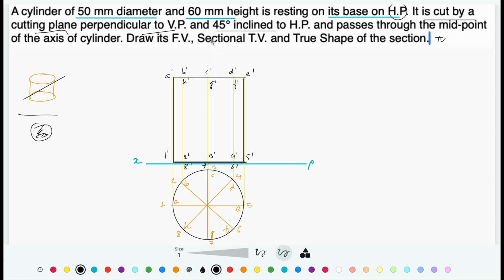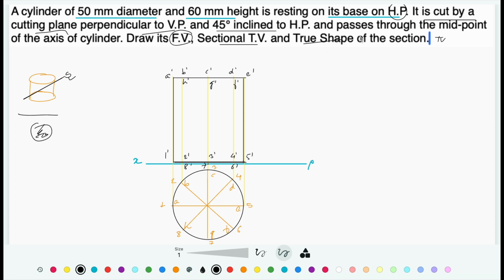You can get that from the question itself. In the end, if you go through the last statement, draw its front view. It is not a sectional front view, just front view. So in front view you are going to get the section plane, whereas in top view the section is going to be there, and the true shape of the section.